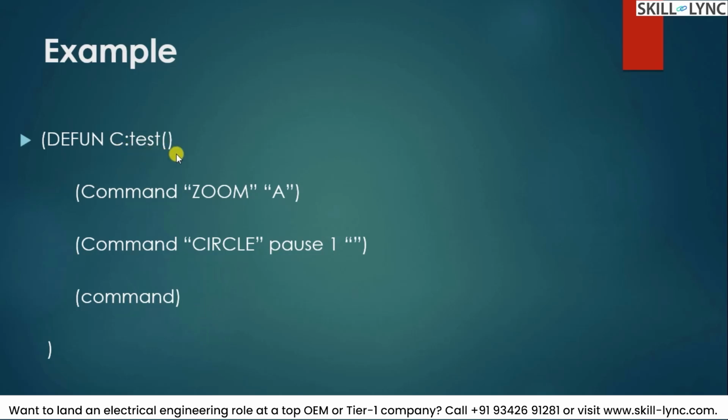When this function is called upon, the first line it executes is to zoom to all of the extents, and next it will draw a circle with the user input of the center point, and then pass the argument as 1 for the radius and come out of it, and then cancel whatever command it is within and exit.